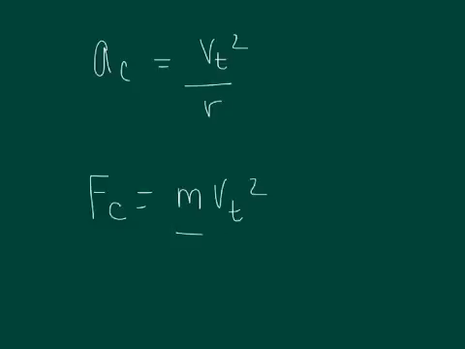So in circular motion, we have two formulas. Okay, those are the two. Now, remember, you're not going to be given the second formula because you don't need to be given it. Remember Newton's laws.